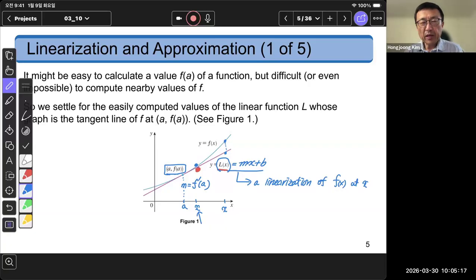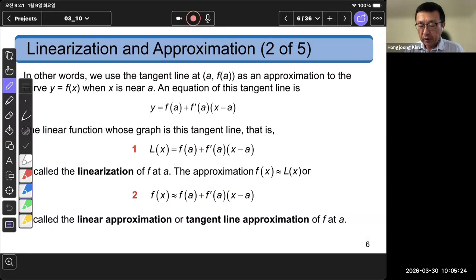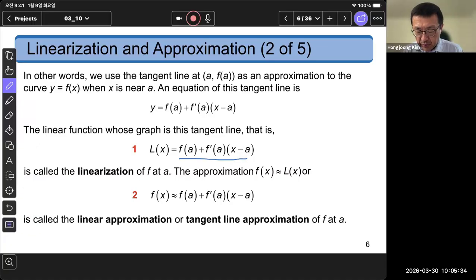Okay? So that's all for this section. So as I said, the expression of the tangent line mx plus b is called the linearization of this function at the given point.